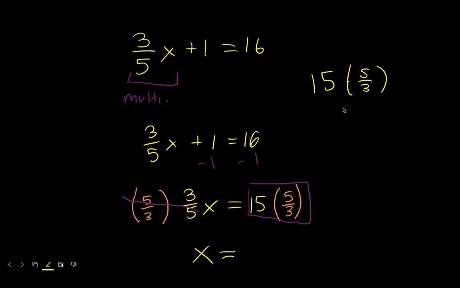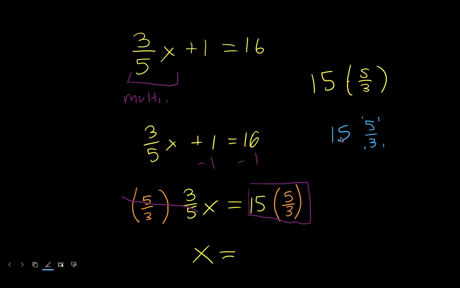So the first step is we're going to divide by the denominator and then multiply by the numerator. It's a very simple way. So we have 15, then we have 5 over 3. I'll just put these little dots so that you know that it's separate.